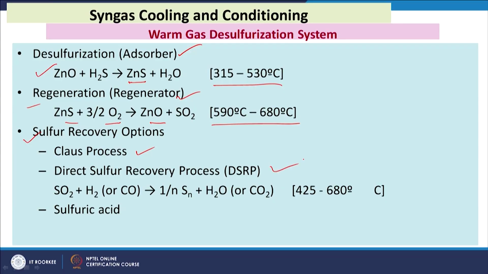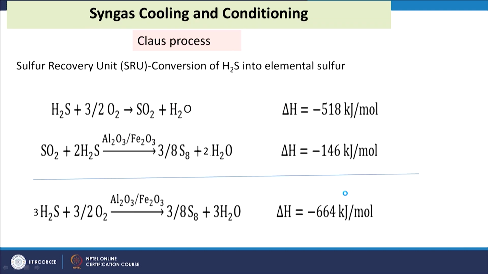Sulfur can be recovered from the syngas through the Claus process or direct sulfur recovery process. There are two processes. In the direct sulfur recovery process, SO2 plus H2 or CO reacts to give 1/n Sn plus H2O or CO2 at 425 to 680 degree centigrade temperature, and sulfuric acid can also be produced from the sulfur. So, this is the Claus process.